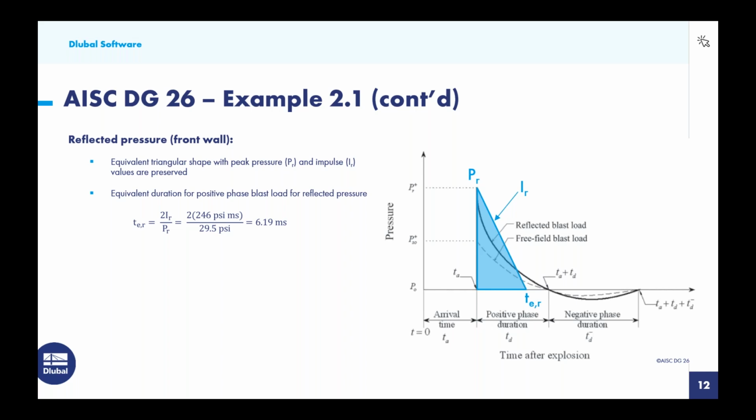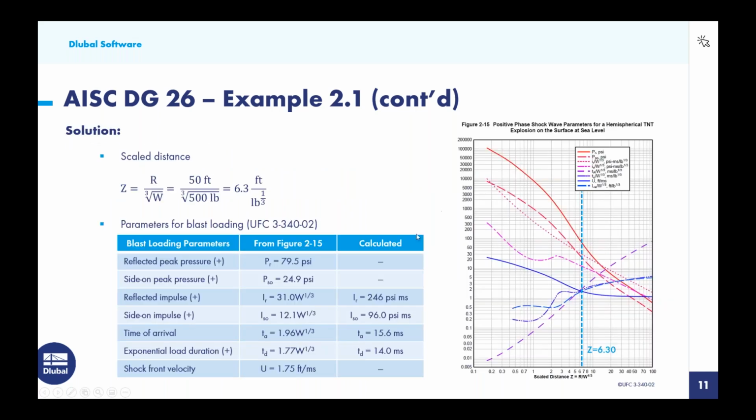All right, so let's talk about the reflected pressure. This would be applied to the front wall. And we are going to take the Design Guide 26 approach with the equivalent triangular shape here. We want to utilize the peak pressure, P sub r, and the impulse, I sub r, and we want to preserve these values. We can see these given to us over on the right-hand side here, but remember on the previous slide, we got this information, P sub r and I sub r, directly from this figure.